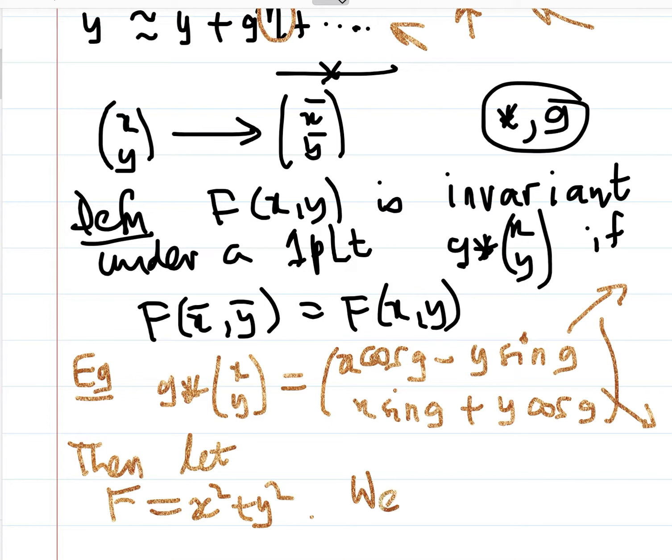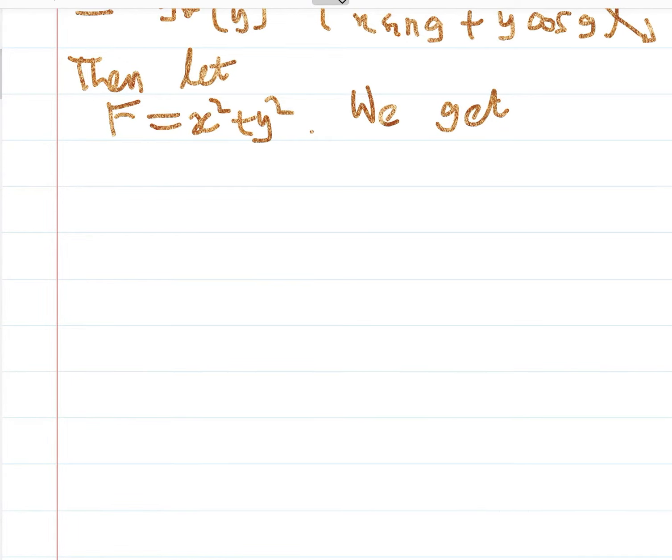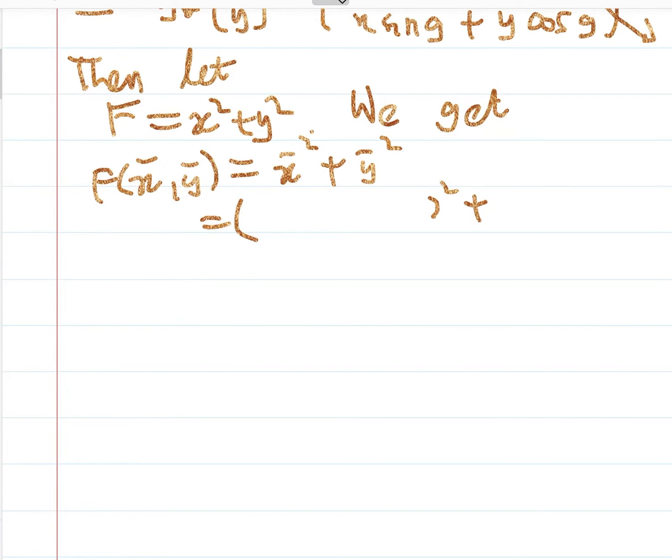From this we get that if we determine f of x bar, y bar, this will then be equal to x bar squared plus y bar squared, and this is of course the x bar, y bar that is featured in g star, x bar being x cosine g minus y sine g, and of course the y bar is x sine g plus y cos g.